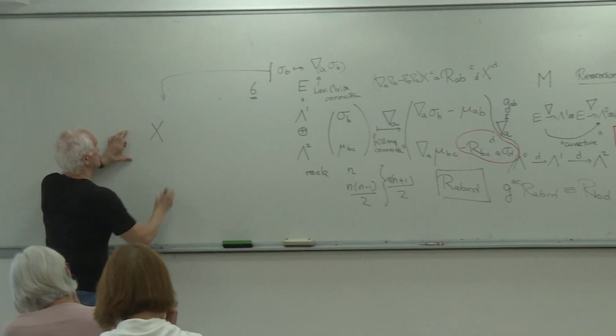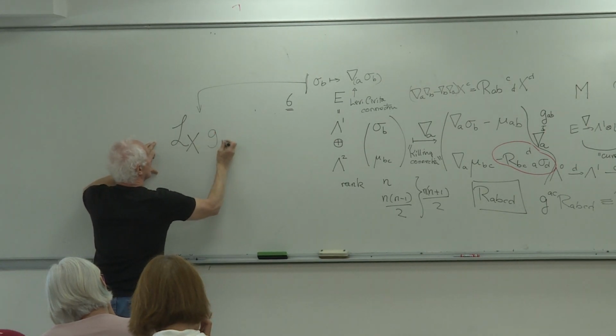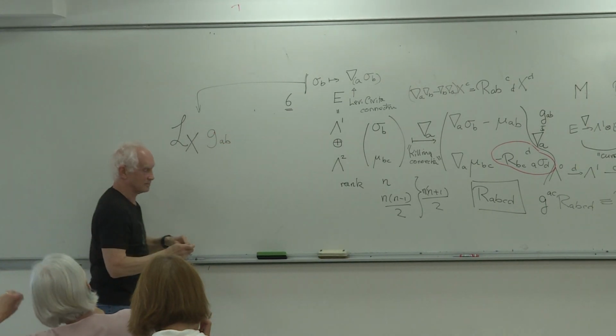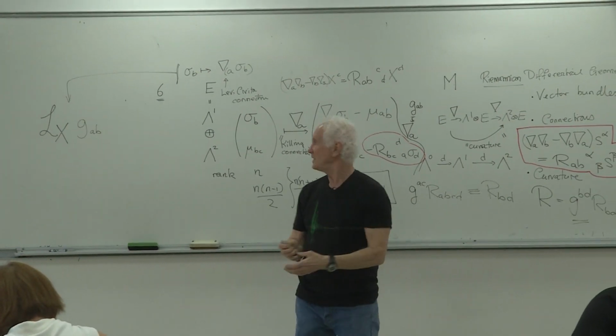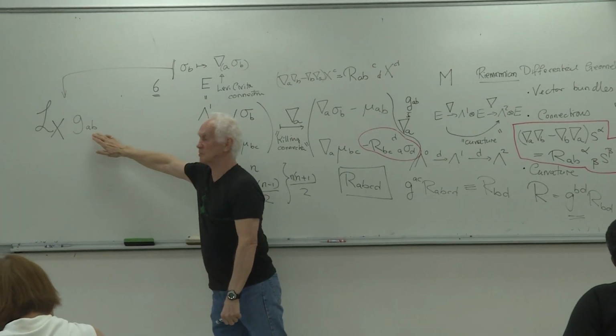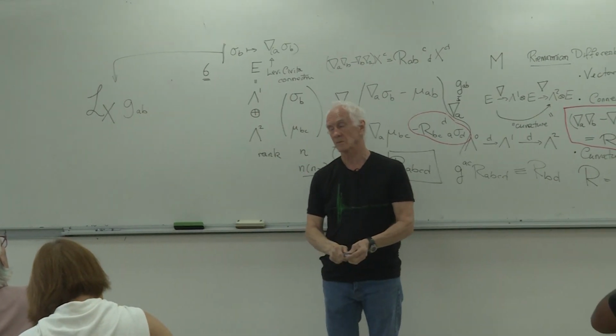That's called the Lie derivative. So the Lie derivative of the metric. This is a perfectly sensible thing to write down for any tensor and any vector field, but in particular in Riemannian differential geometry, you can do that.